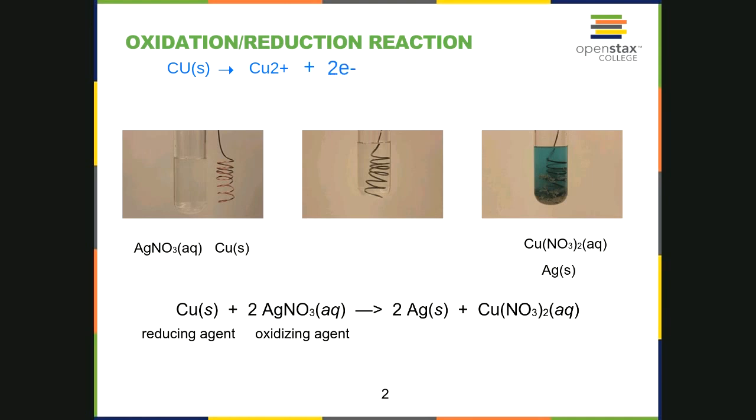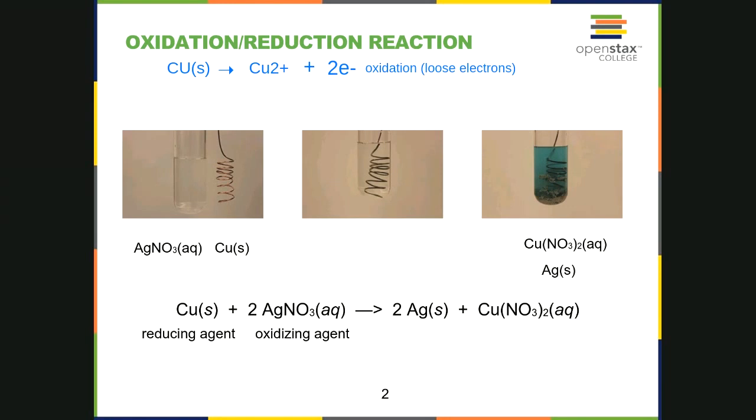Okay, so we can take the process I just put up here, and we're going to label that as an oxidation, and that means that you are losing electrons. Then I know you guys realize I'm not supposed to have a capital U on the Cu over here.